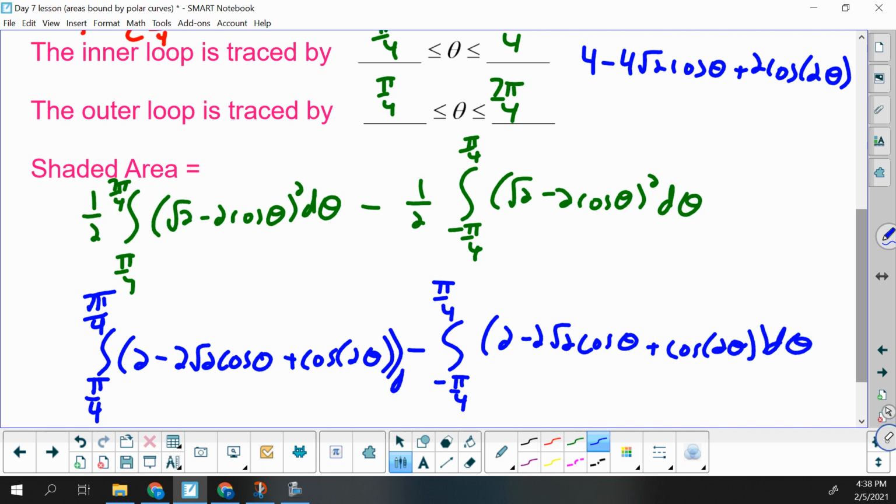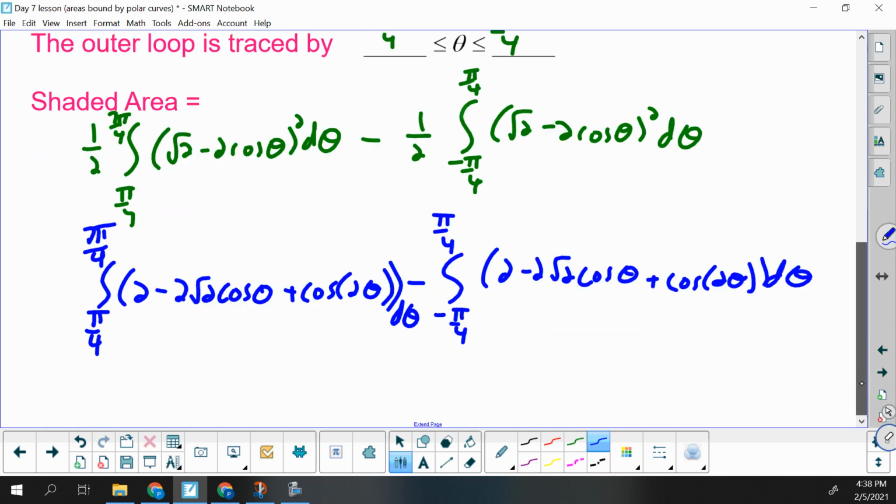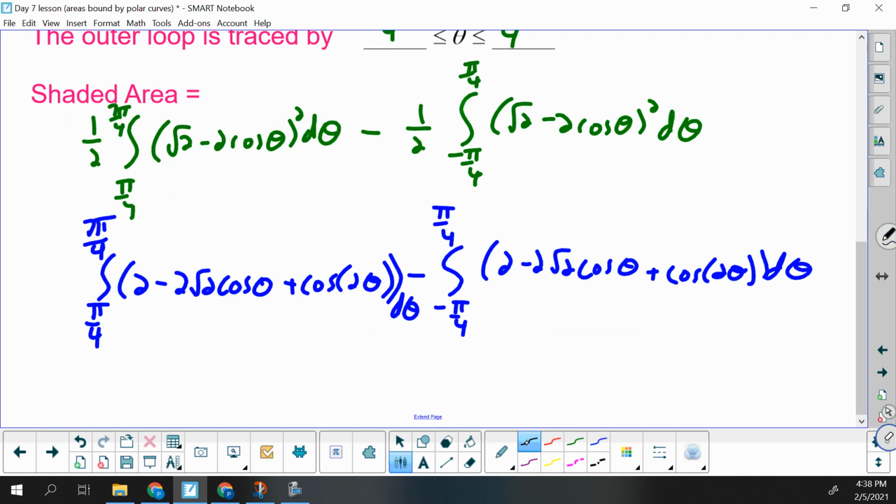I forgot my d theta on that one. So antiderivatives now, we should have 2 theta. Cos's antiderivative is sine, so minus 2 square root of 2 sine theta. We got to do our correction with the cos 2 theta, so we'll have plus 1/2 sine of 2 theta.